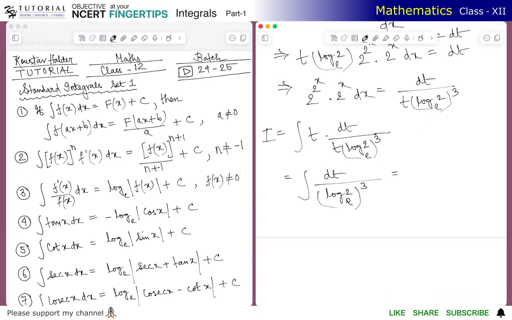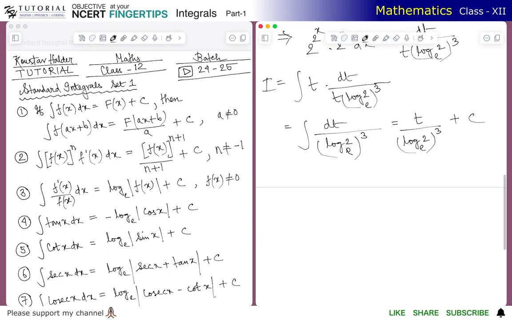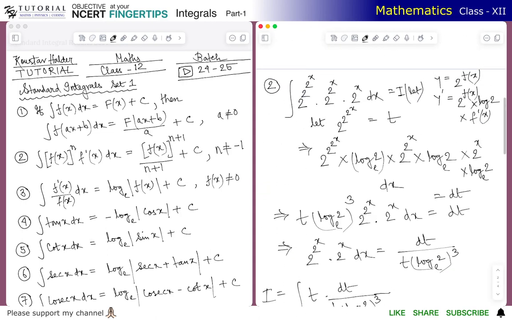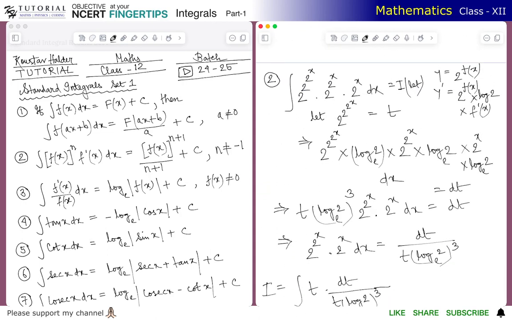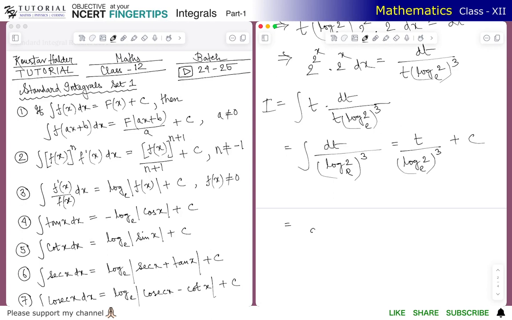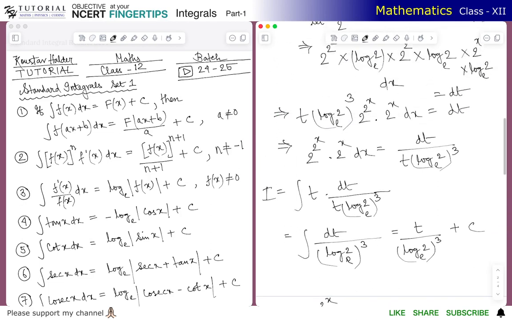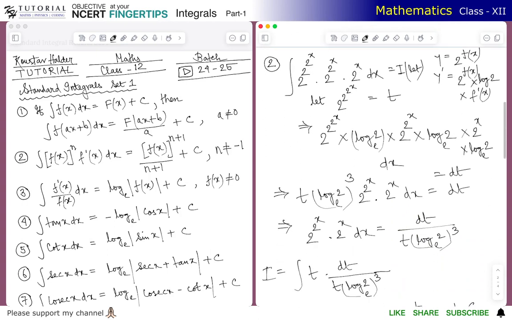I'm going to bring out the constant outside, and it becomes t plus c, and if I now replace t with what we substituted, it becomes 2 to the power x divided by log e 2 cube plus the constant of integration. Please do check if I am wrong anywhere and let me know in the comment section.